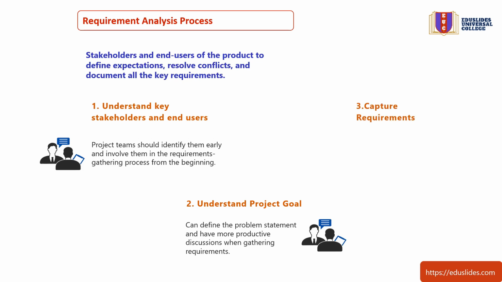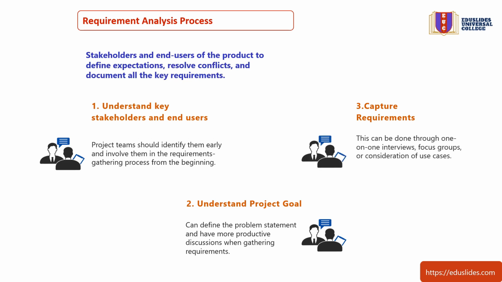Step 3. Capture requirements. At this stage, all relevant stakeholders provide requirements. This can be done through one-on-one interviews, focus groups, or consideration of use cases. Project teams gather stakeholder feedback and incorporate it into requirements.